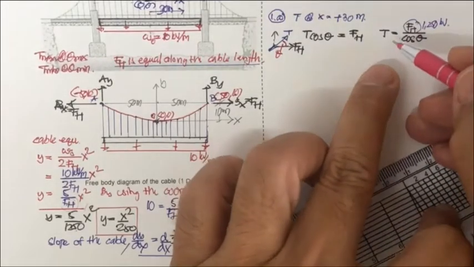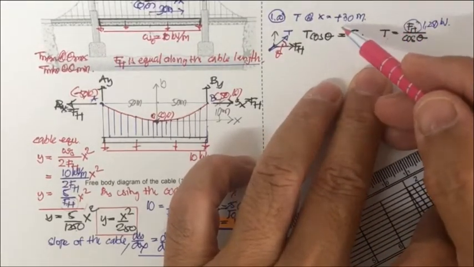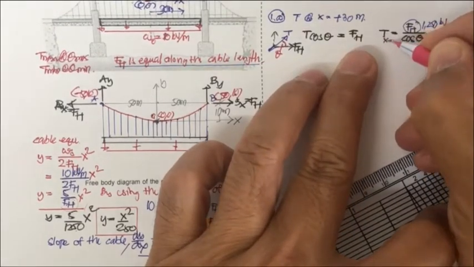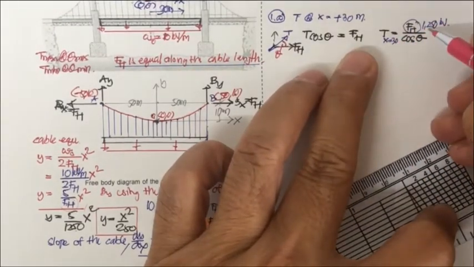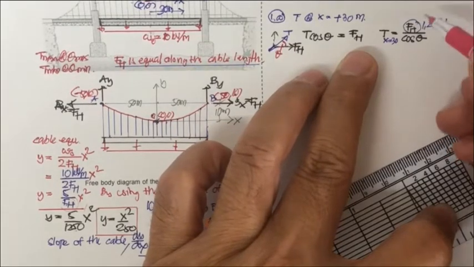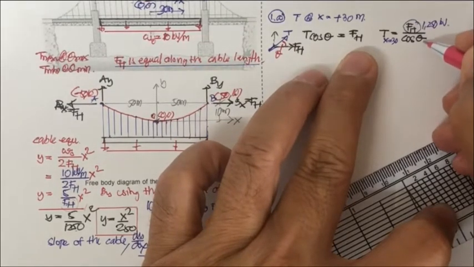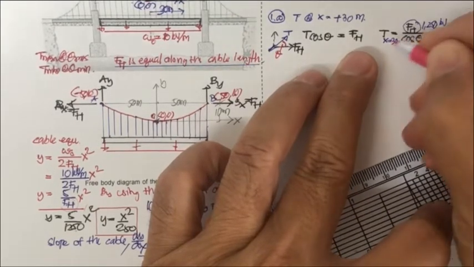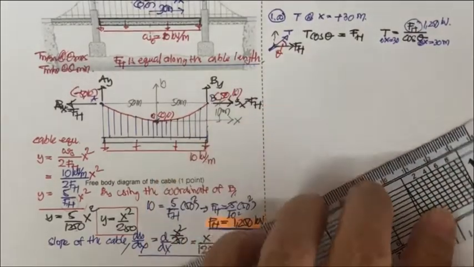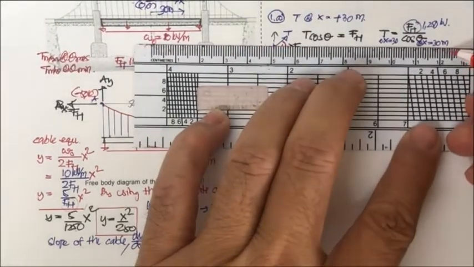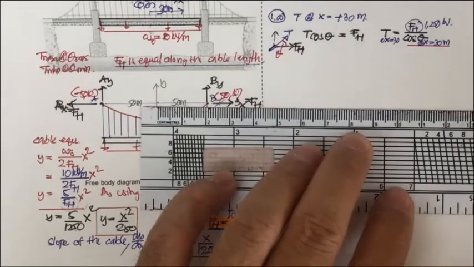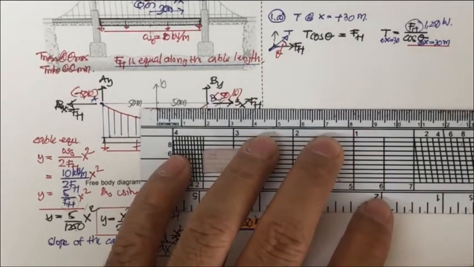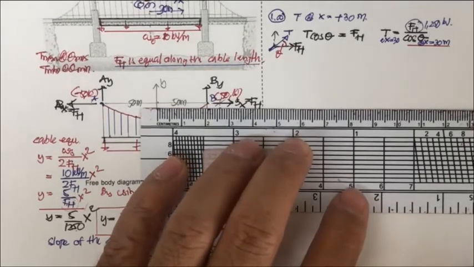So you can determine T at any x when you find the theta. So the T at x equal to 30 is going to be 1250 kilonewton divided by the cosine of theta at x equal to 30 meter. So we got to determine the cosine of theta when x equal to 30 meter.